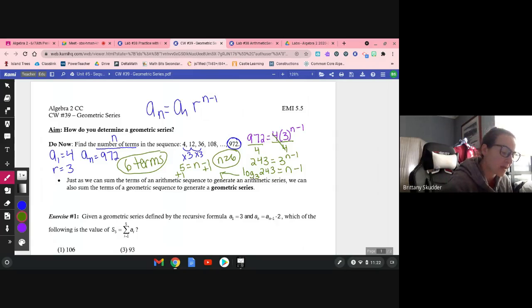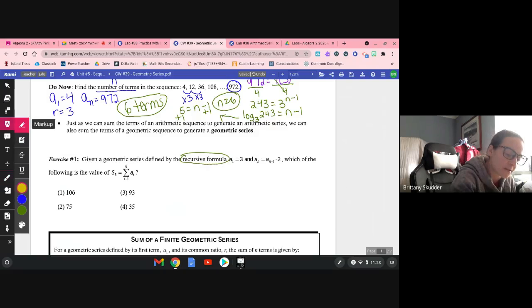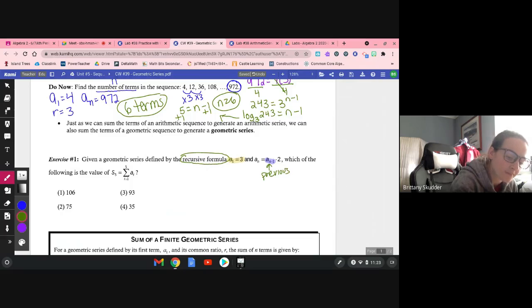Okay. So exercise 1 says, given a geometric series defined by the recursive formula, okay, we know recursive formula, we're going to be using the previous term. So A_1 is equal to 3, great, the first term's 3. A_n is equal to the previous term times 2.